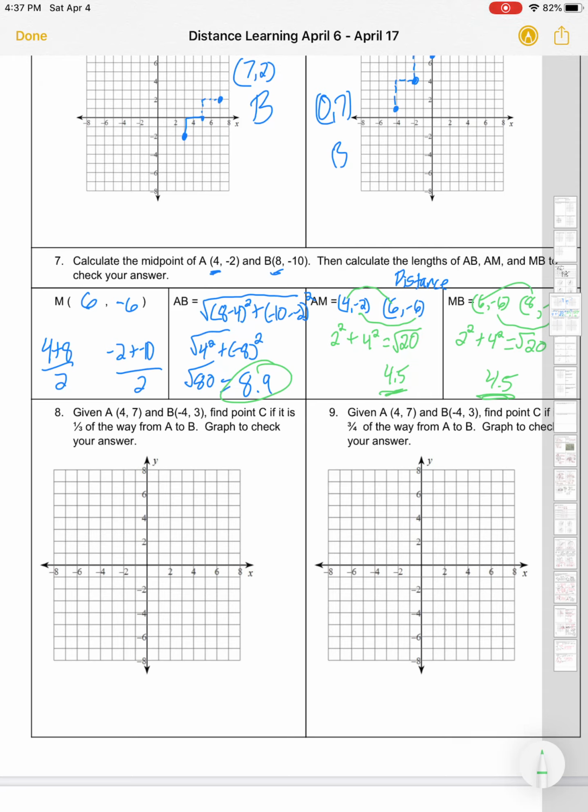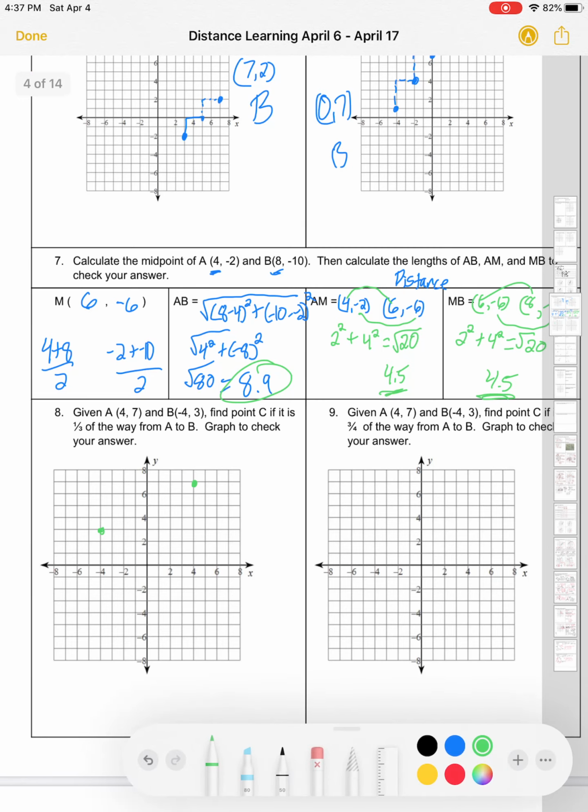Okay, 8 is a little bit trickier. Graph both: 4, 7, and then negative 4, 3. Before, we counted how to get from one to the other.